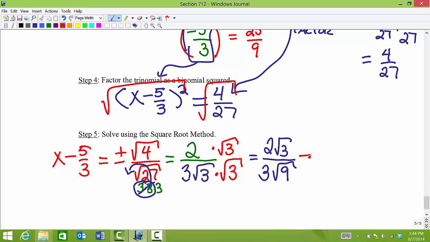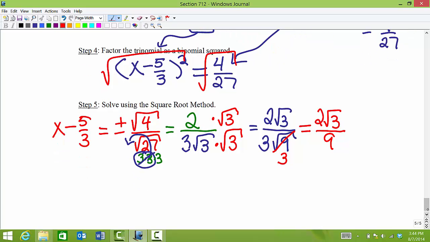You can see that we're getting good practice working with our radicals here and simplifying. 2 times the square root of 3, and we know that the square root of 9 is 3, so now on the bottom we have a 9. So we simplified the square root of 4 over 27, and the simplified form of that is right here. You have to do a couple of things there, but it's good practice.